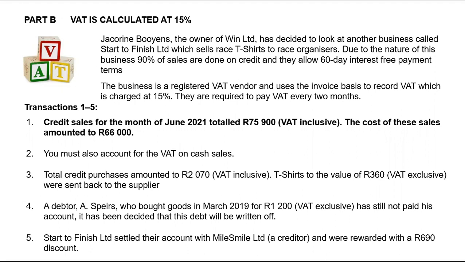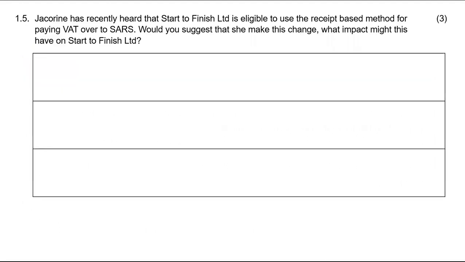Now, since this is it, I'll just have to go to the next question, which asks us that Joe has recently heard that Start to Finish is eligible to use the receipt-based method for paying VAT over to SARS. Would you suggest that she makes this change? What impact might this have on Start to Finish Limited?